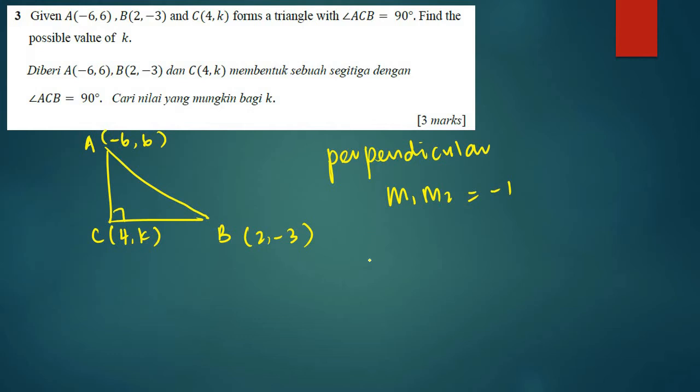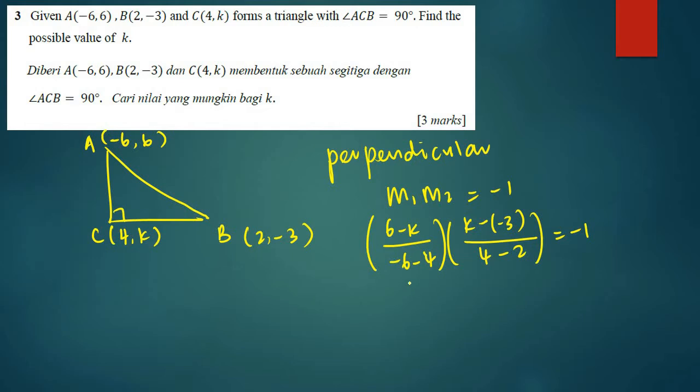Okay, from this question, the gradient of AC is (6 minus K) over (negative 6 minus 4). The gradient of CB is (K minus negative 3) over (4 minus 2).